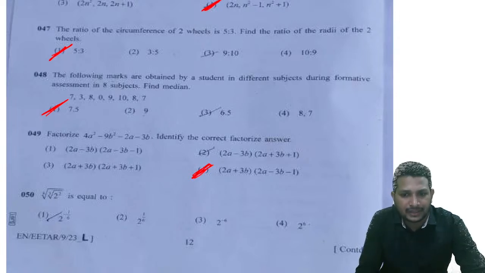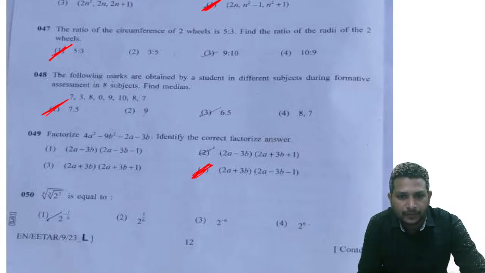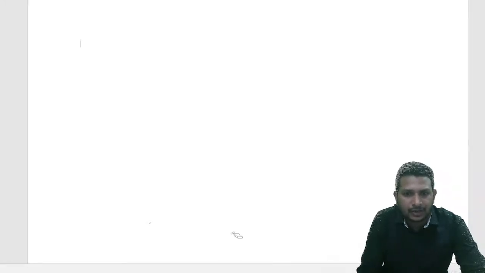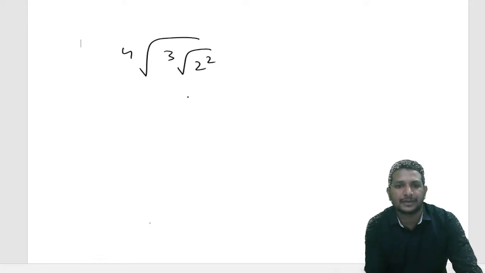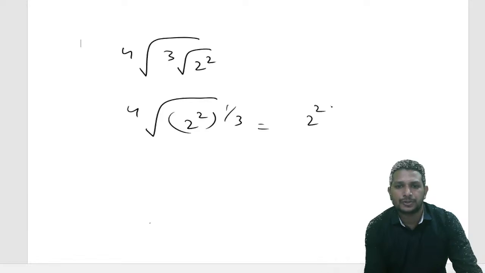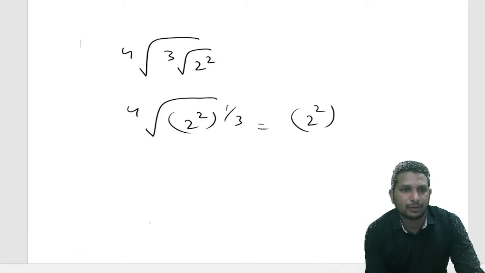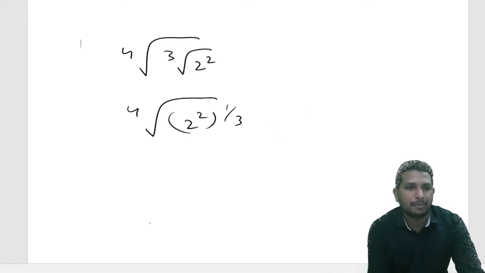Okay, over here, if you write the question carefully, what is that? 4th root of cube root of 2 square. So write it down step by step. 2 square power 1 by 3. So 2 square power 1 by 3 means here what happens? A power m whole power n, right?